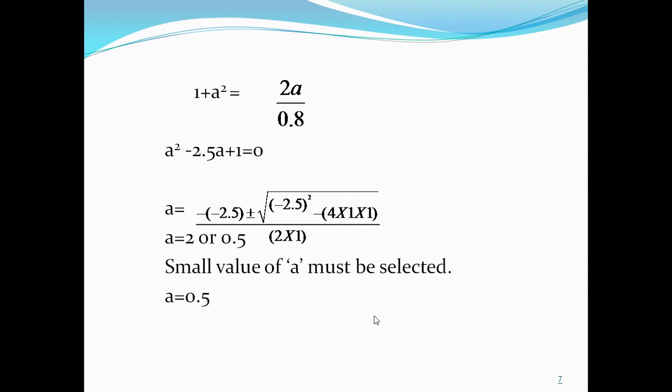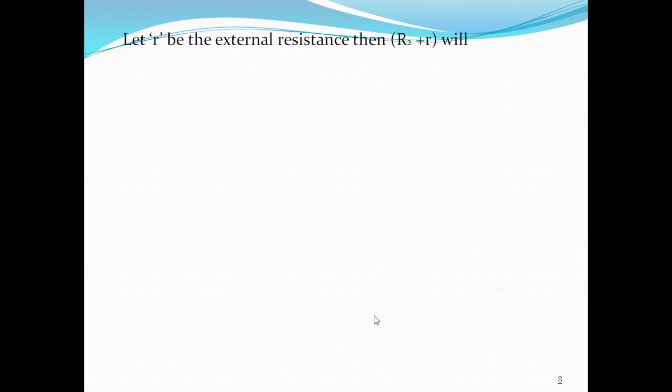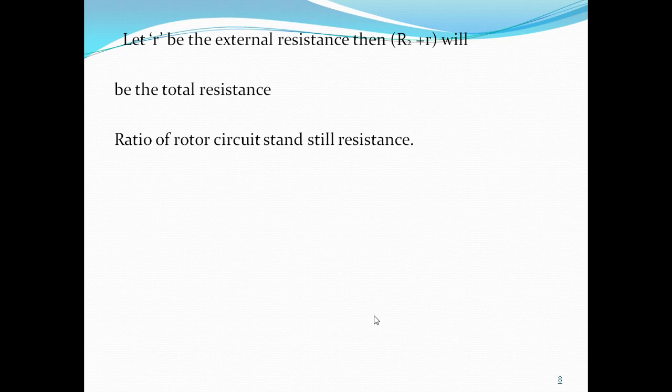So this is just a simple problem. We just have to substitute the values in the mathematical equation. Let us assume an external resistance R is added. Then R2 plus R will be the total resistance.